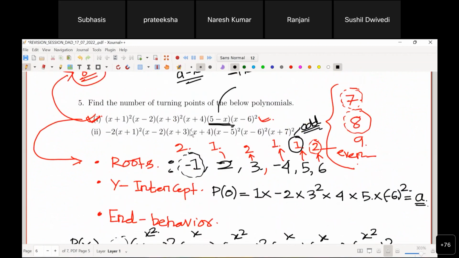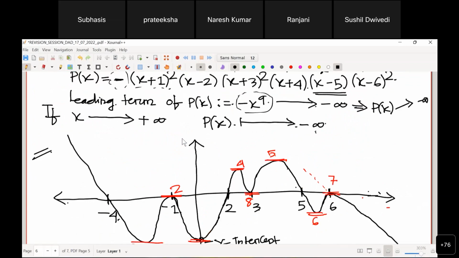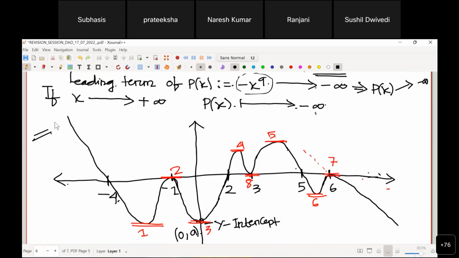So what I have is -3 here, right? Correct? Yes, sir. So this is the only change I have to make, -3.